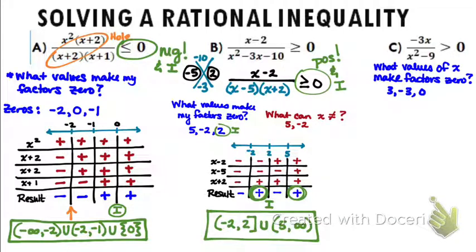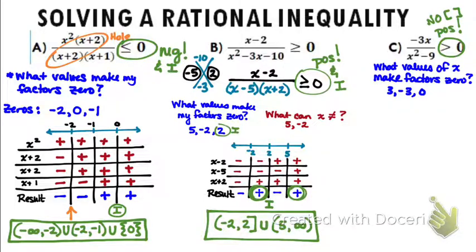Do we need to worry about including any of these? No. I don't have an or equal to here. It has to be strictly positive. We will not have any brackets here because there's no or equal to there.